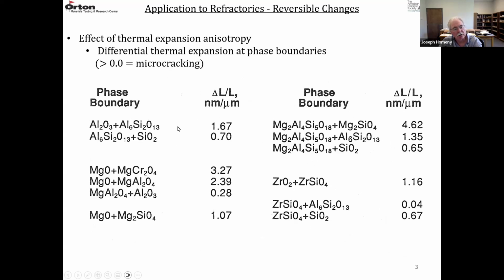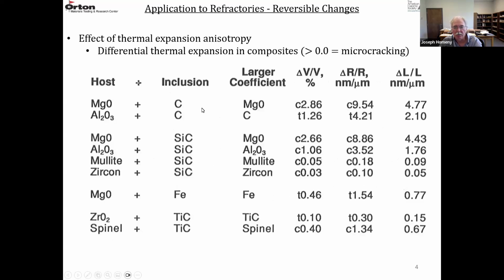And then I showed this last time, 2 different phases, like mullite and silica or aluminum and mullite. The delta L over L mismatch is there, so that leads to microcracking. And then composite materials like an MgO carbon material, all of these composites have a thermal expansion mismatch, so they can all lead to microcracking.